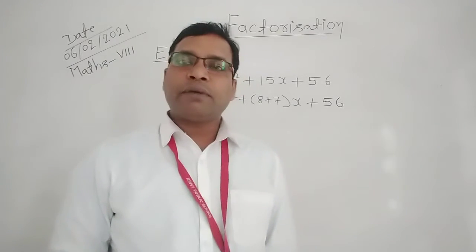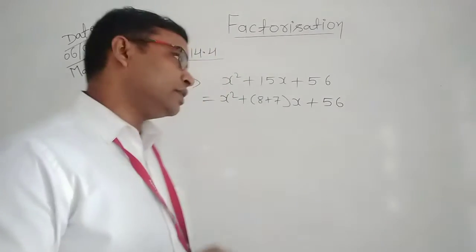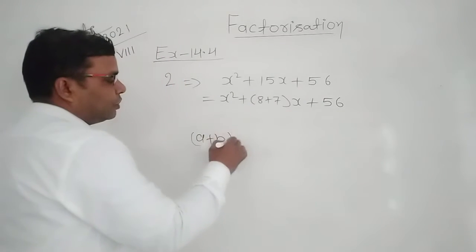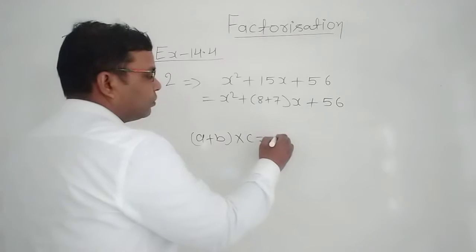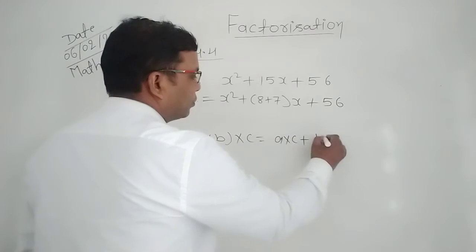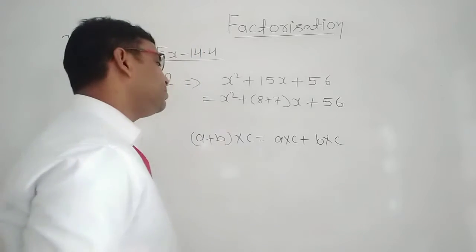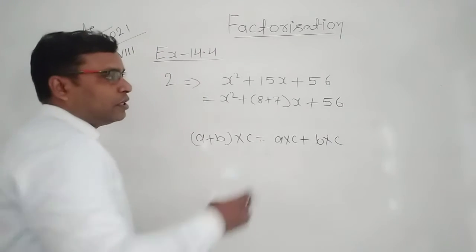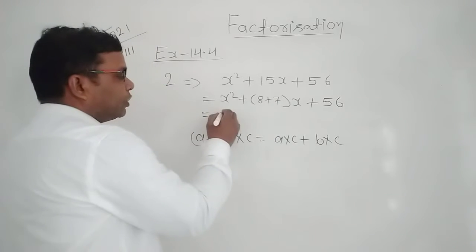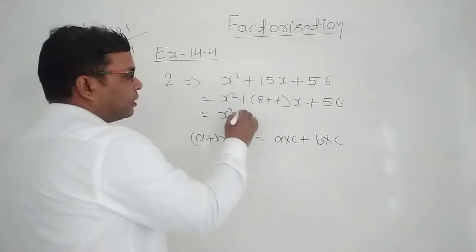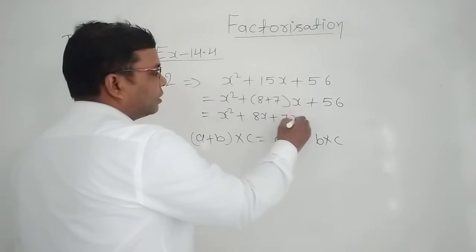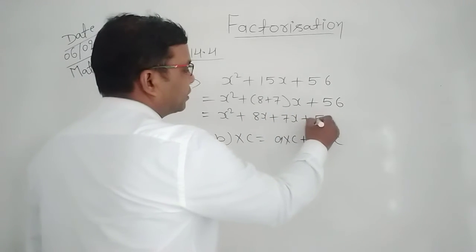What is the distributive law? If (a plus b) into c, this is equal to a into c plus b into c. According to this law, if you apply it here, you first write x square as it is, plus 8x plus 7x plus 56.